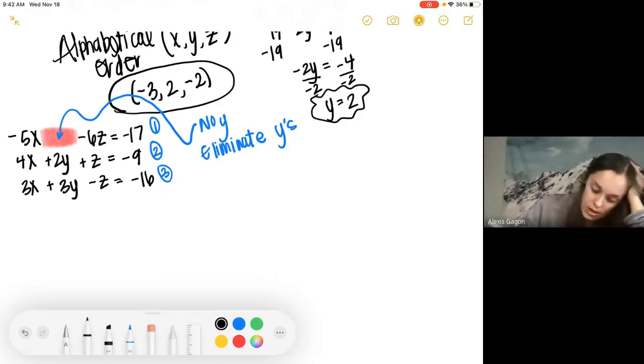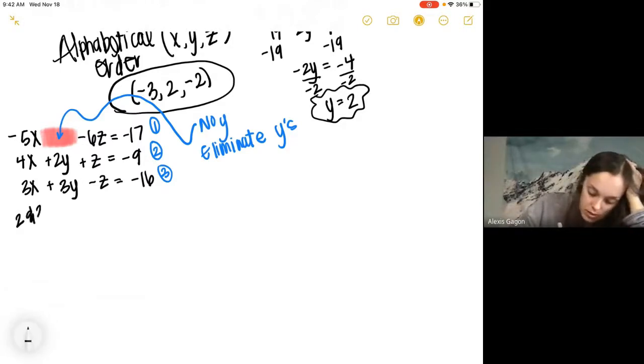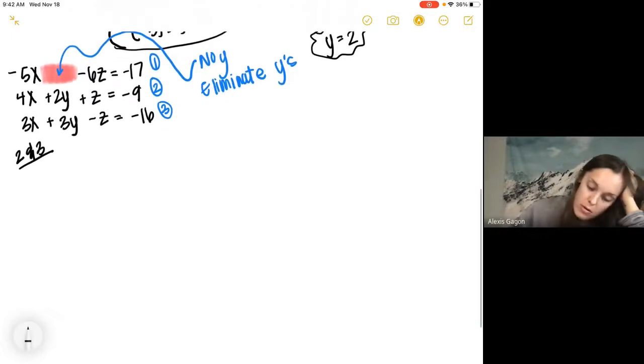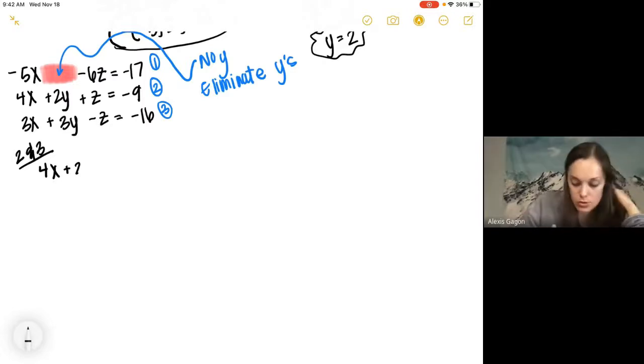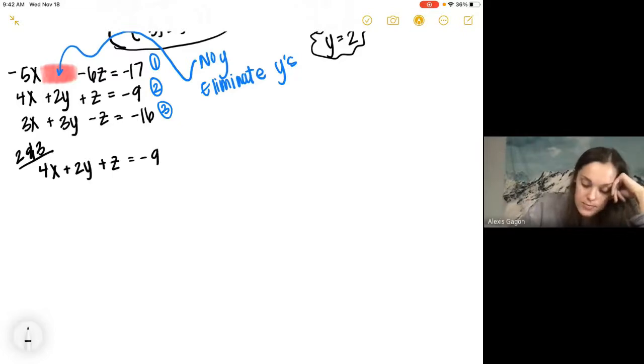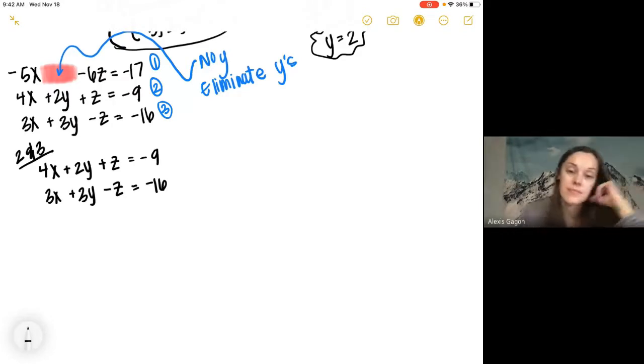So we're going to look at equation 2 and equation 3. So we have 4x plus 2y plus z equals -9. And we have 3x plus 3y minus z equals -16. Just looking at this, you would think, why can't I just eliminate z's?